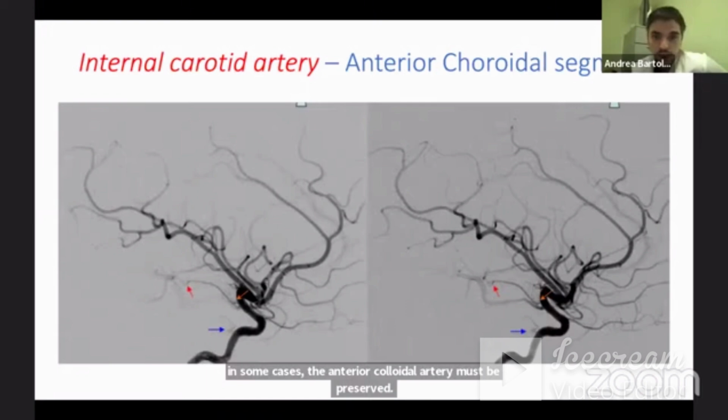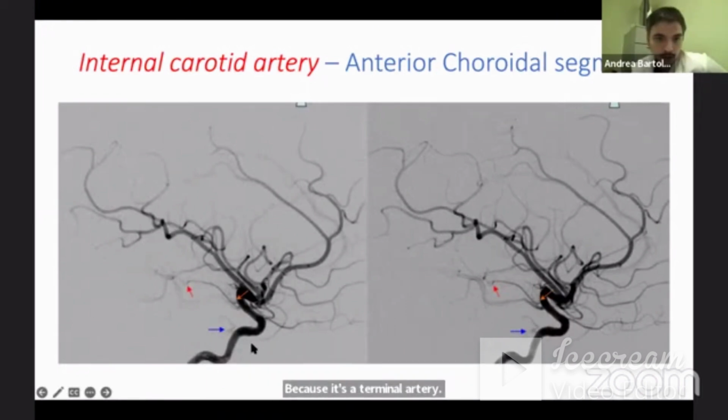We can see the choroidal artery. The choroidal artery sometimes is not a single artery, but a group of small vessels, even 4 or 5 small vessels with the same function.